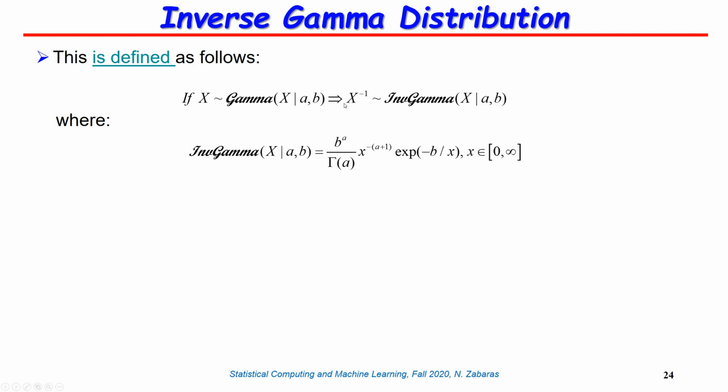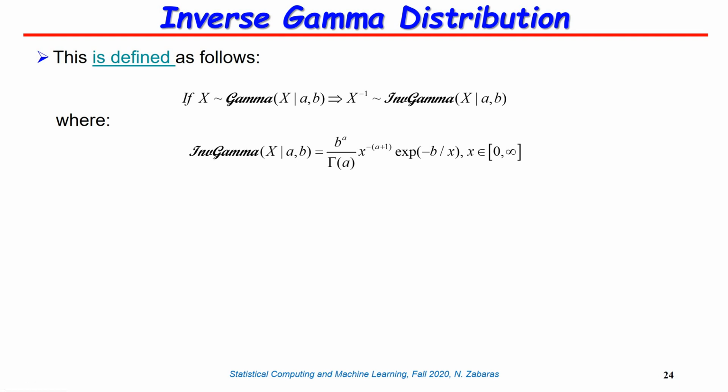It would have been better if I had written down y following an inverse gamma distribution of y given a and b, where y is equal to 1 over x, okay? So that would be a little bit more clear calculation. But the inverse gamma distribution that you see, this is the proper definition, okay? That is given on this second equation.